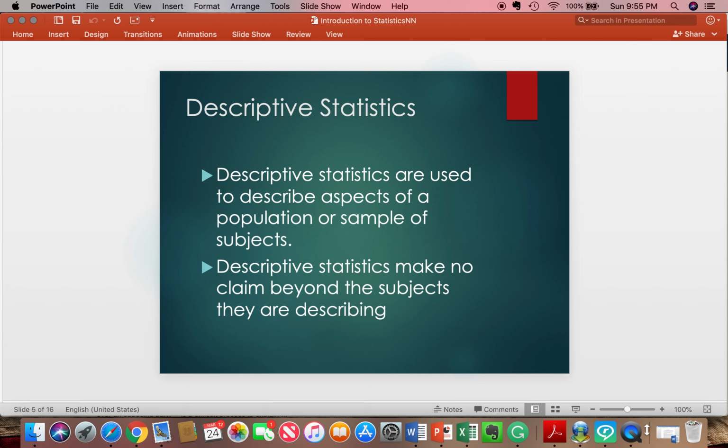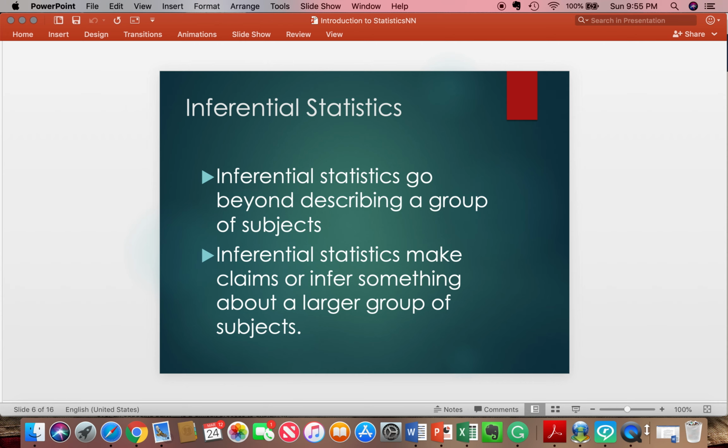So if I was going to use descriptive statistics to talk about my sample, the people that I gave my survey to, I would maybe say that there were so many females and so many males, so many people that landed in this age group and so many in that age group. That is descriptive statistics. You're not making any claim beyond the subjects you are describing. You're just telling me what the subjects are.